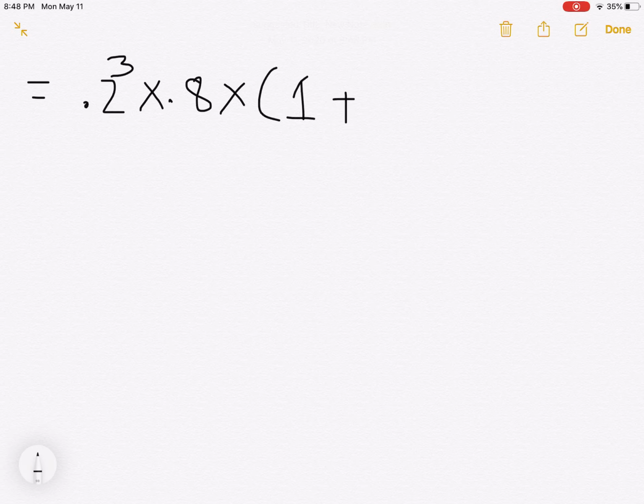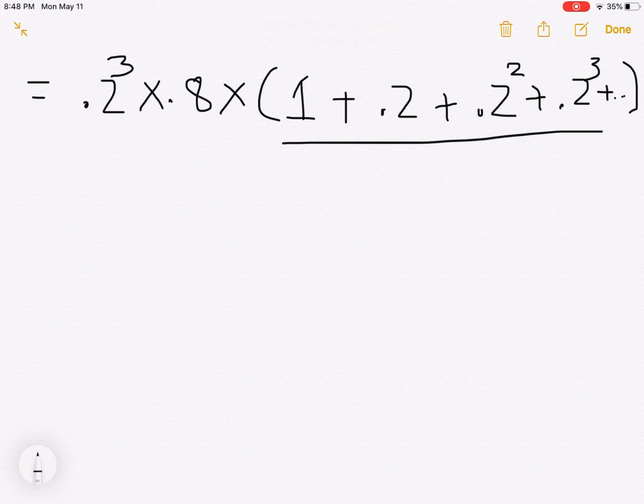The second term is going to be 0.2 plus 0.2 squared plus 0.2 cubed, and so on, infinitely many times. Well, this is exactly the geometric series that I described when we first started. Excuse me, my pen is having some difficulties writing.